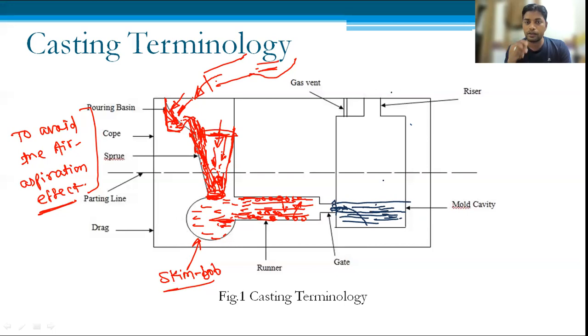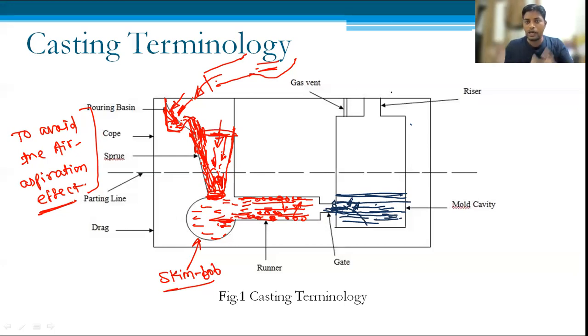Now here the concept is that as the liquid material is coming, because this material has already been filled, the liquid material which comes after this, for example, up to here the material is filled and the liquid material coming after this will try to push it upward.